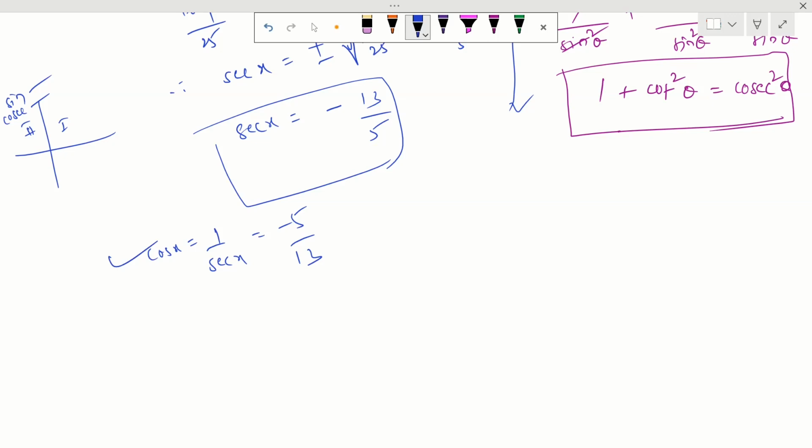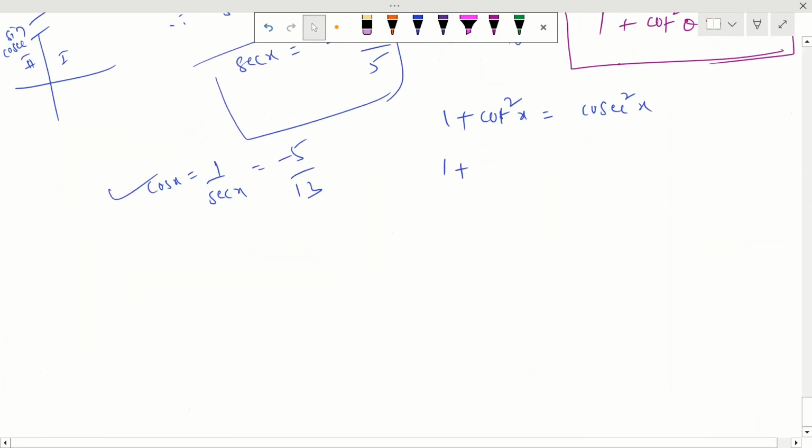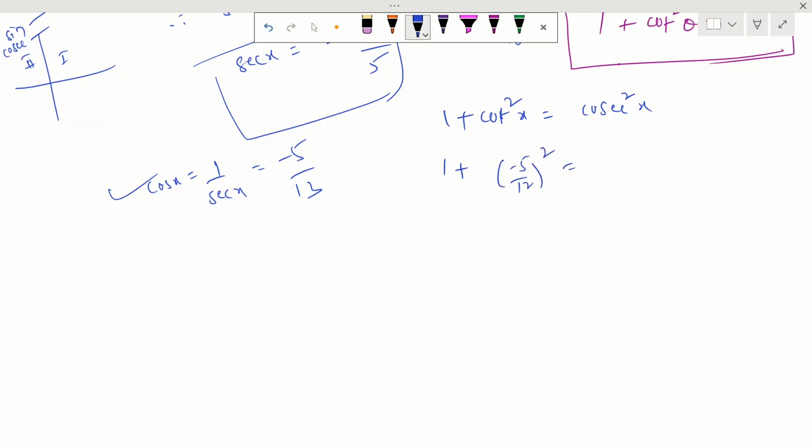Now we can write another formula: 1 plus cot square x is equal to cosecant square x. The cot value is minus 5 by 12, so we can write here minus 5 by 12 in brackets, squared, equals cosecant square of x.